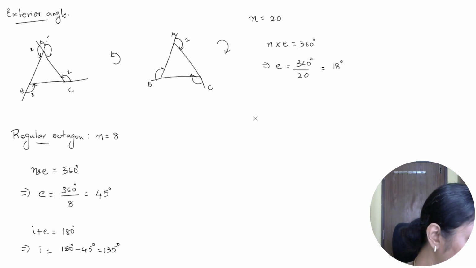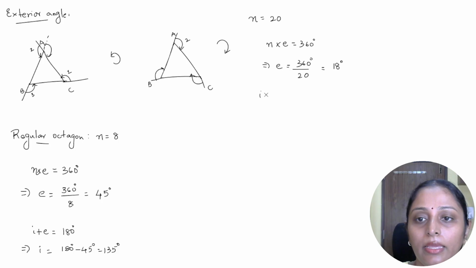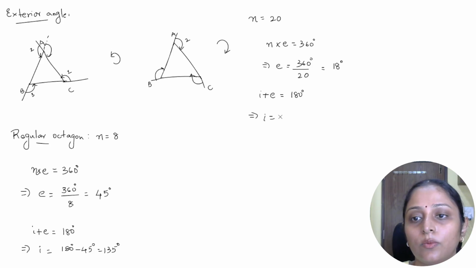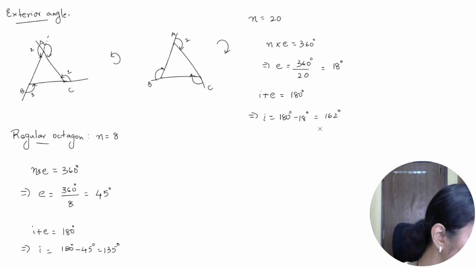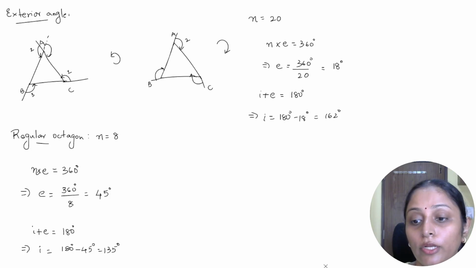Now, with e equal to 18 degrees, I have I plus e is equal to 180, straight angle, implies I is equal to 180 minus 18, which is equal to 162 degrees, right? So that is my interior angle of a regular 20-gon.